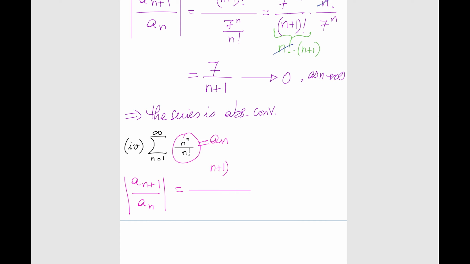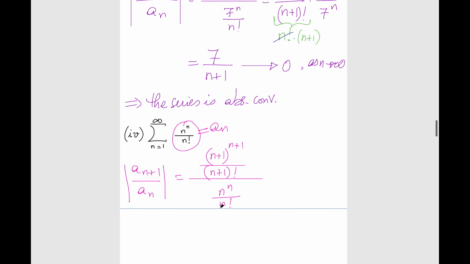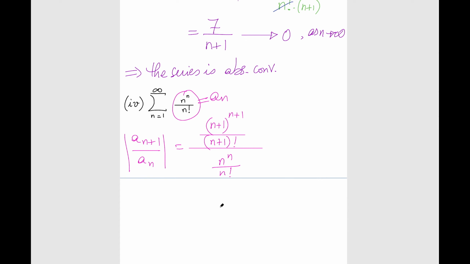We get (n+1)^(n+1) divided by (n+1) factorial. And downstairs I'm going to have n^n divided by n factorial, right? Okay. And this means (n+1)^(n+1) divided by (n+1) factorial times n factorial divided by n^n.